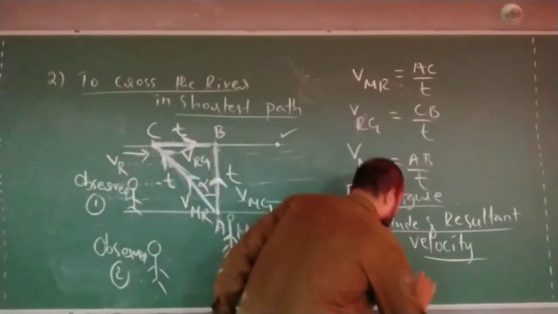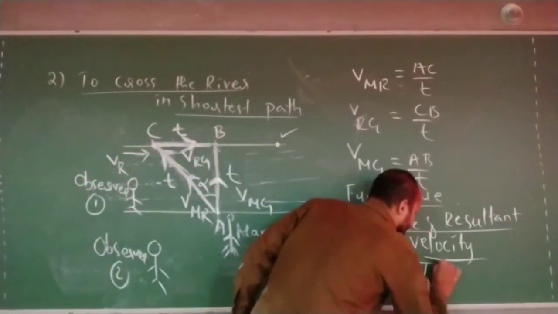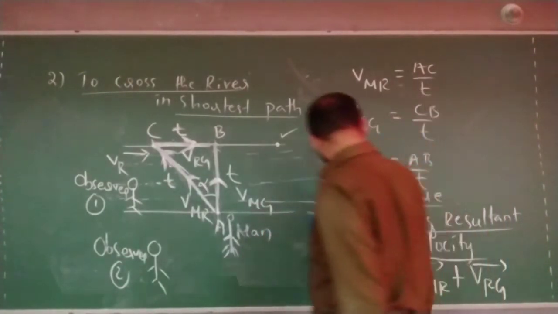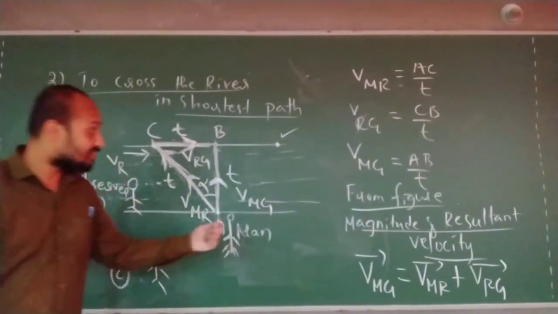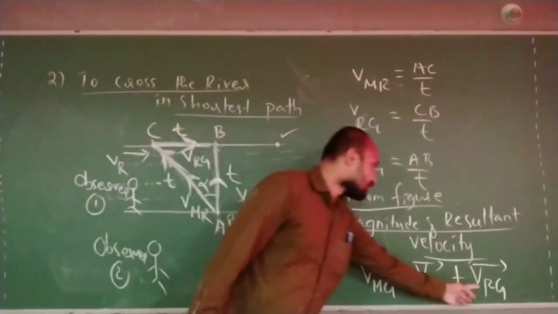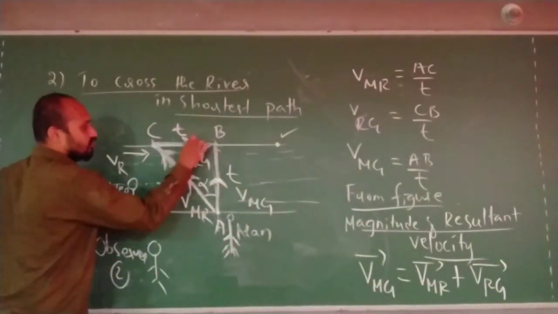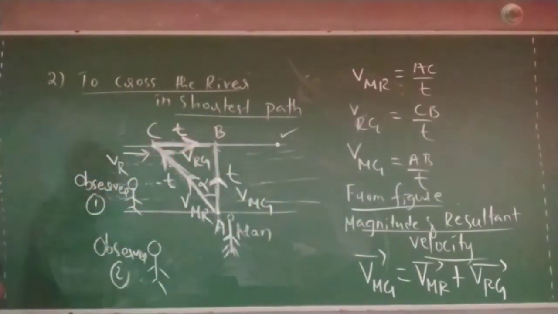What is that? VMR vector plus VRG vector. What is VMR? Velocity of a man with respect to river. This vector is velocity of river with respect to ground.